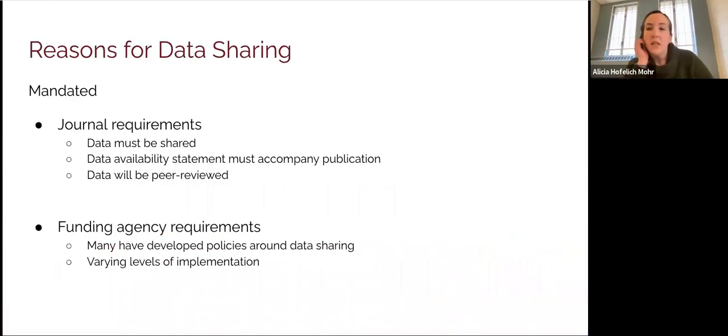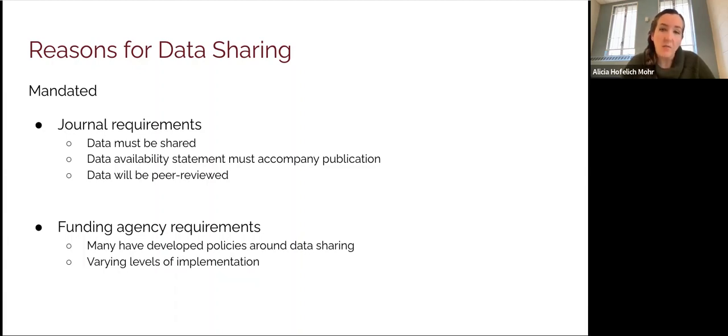Okay, so let's start out with reasons why researchers would want to share data from human participants. So in addition to disciplinary movements towards open science and reproducible research, much of the impetus for sharing is due to mandates. So specifically, there are many journals in a growing number of disciplines that are requiring data that underlie a published article to be shared.